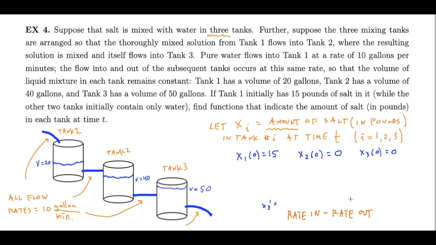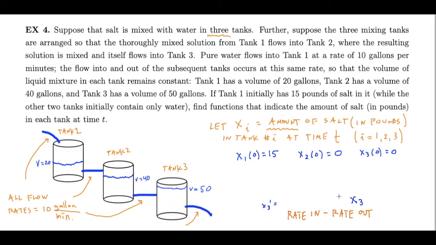So how fast is the salt leaving from tank 3? Well, we know that at any given moment, the amount of salt in tank 3 is given by x3. That's just how we've defined the variable x3. So x3 captures the amount of salt. Well, all of that salt is not leaving all at the same time. In fact, the rate at which salt leaves is proportional to the rate at which the liquid is actually leaving this tank.